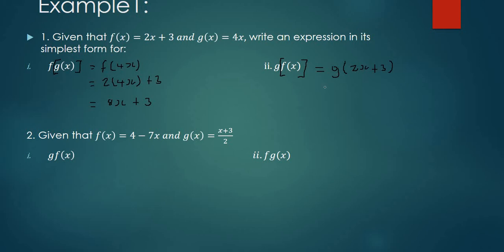So this is going to be equal to 4, and instead of writing back x here, replace x with 2x plus 3. So it's going to be 2x plus 3.